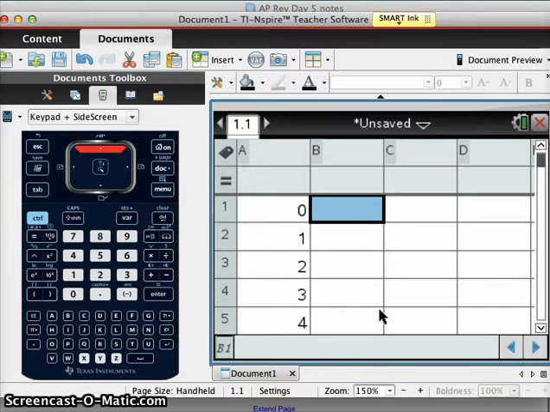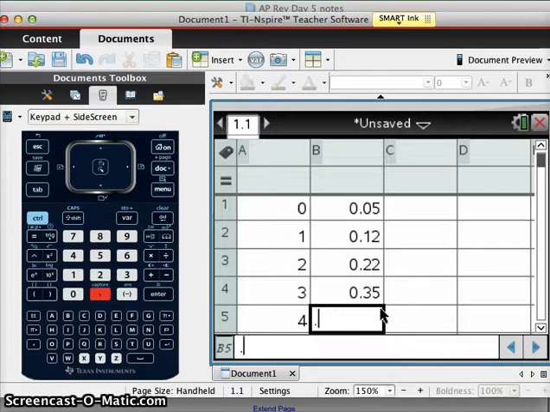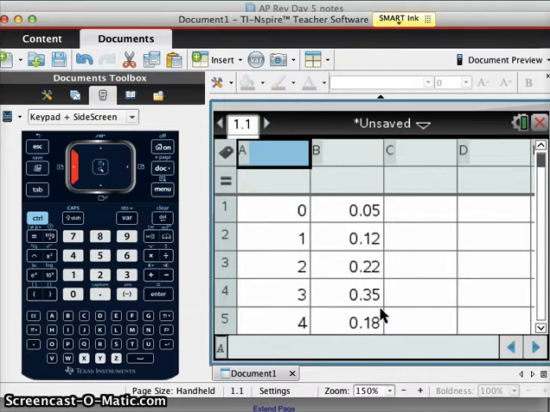Type them in. And then go back up and give it a label. So I'm going to say, I'll just do what's in the table, y and py.